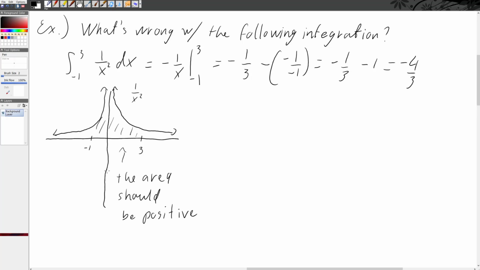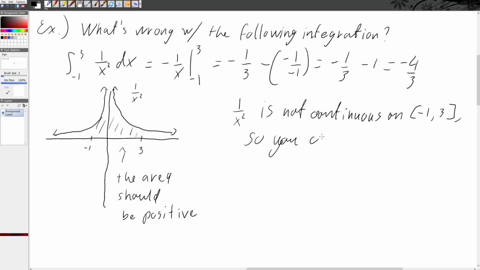Why did this happen? The reason is because 1 over x squared is not continuous on -1 to 3. So you cannot apply the fundamental theorem of calculus part 2.